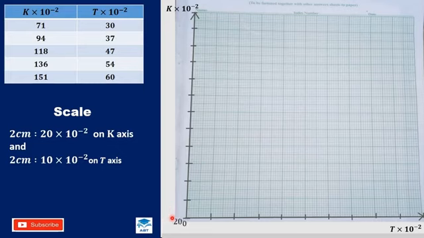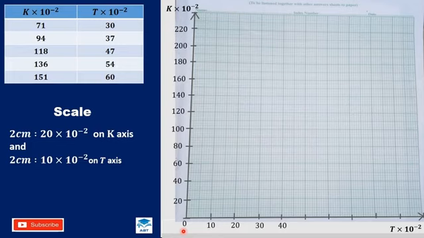So we start from 0 here, 20, 40, 60, 80, 100, and so on. For the T axis, we choose a scale of 2 centimeters to 10 times 10 exponent negative 2. So from 0, we move to 10, 20, 30, 40, and so on.